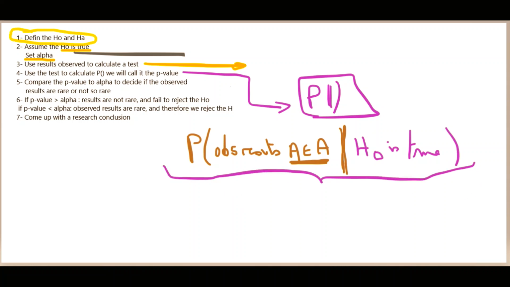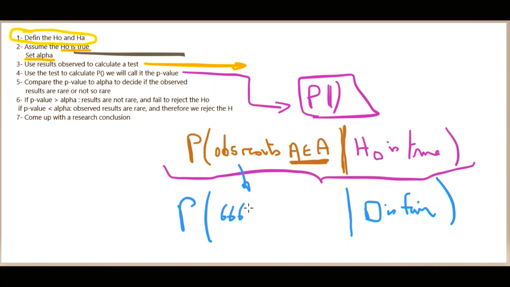Let's apply this definition to the probability we calculated with the gambler. The condition with the gambler was that the dice is fair, and we did that. The probability that we calculated is the probability of observing the results that we observed, which was 5 sixes in a row, or as extreme as.